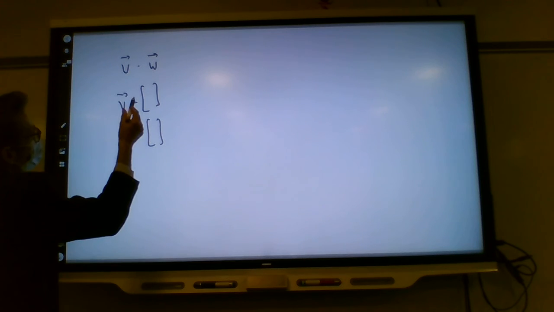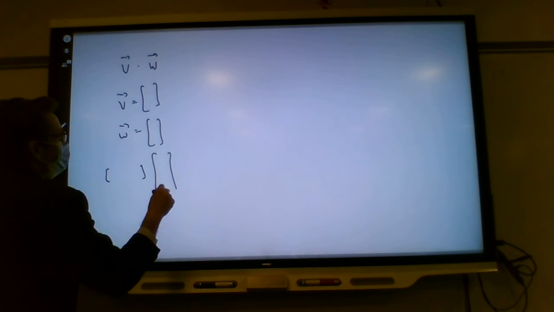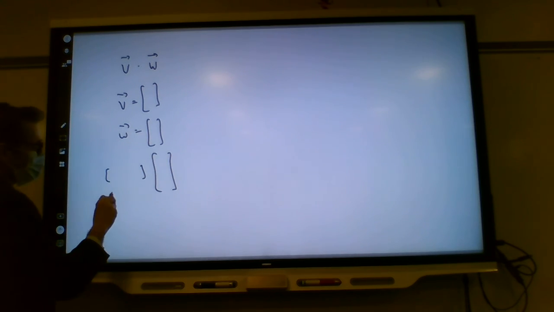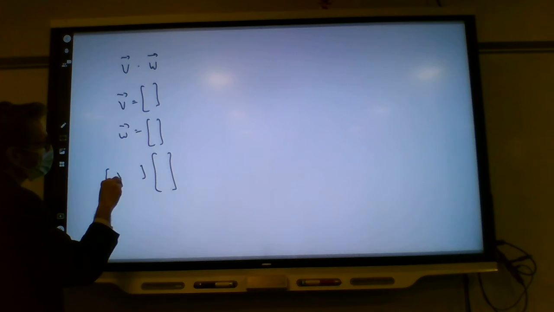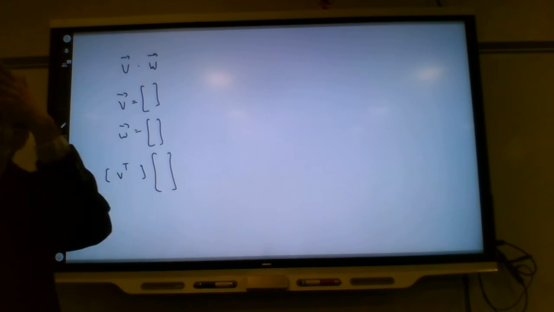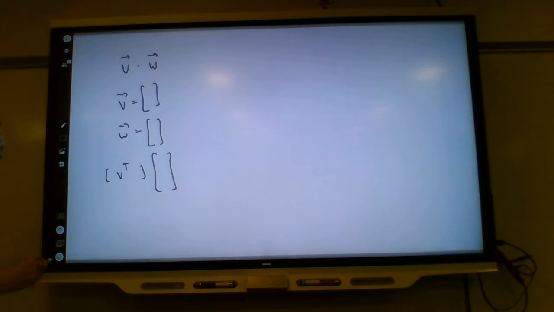But if we think about it like this, then it is matrix multiplication, right? So in this case, we look at v, and it's what's called the transpose. You make each column a row. You just go down the thing, and everything becomes switched. All the columns become rows, all the rows become columns.